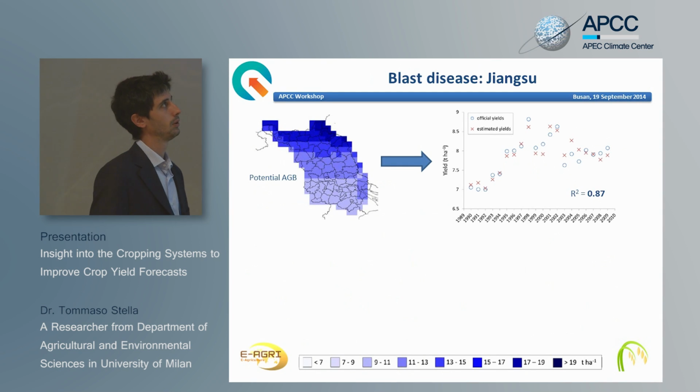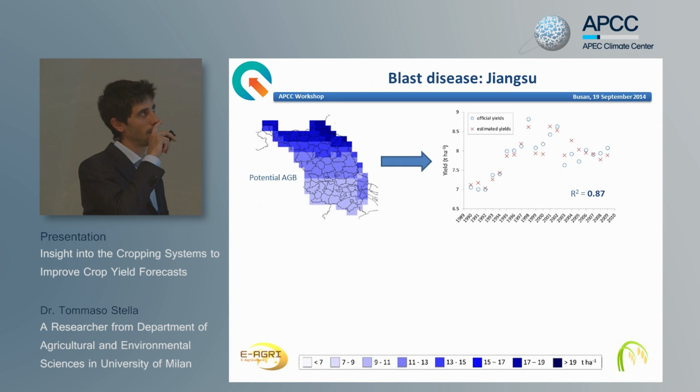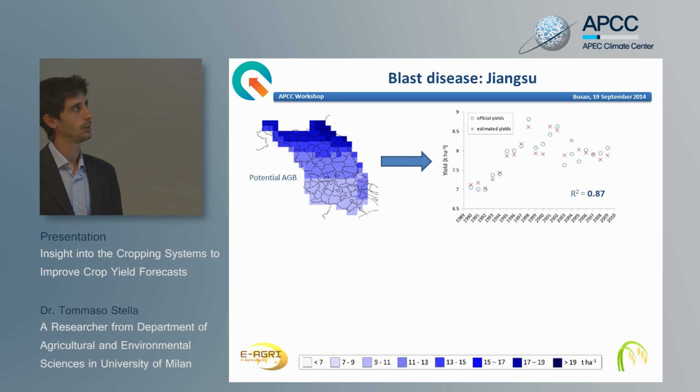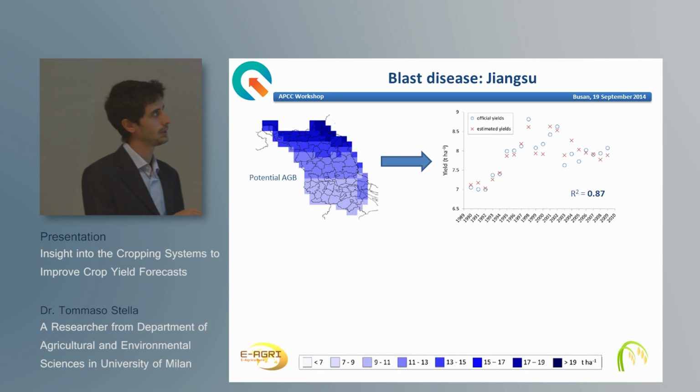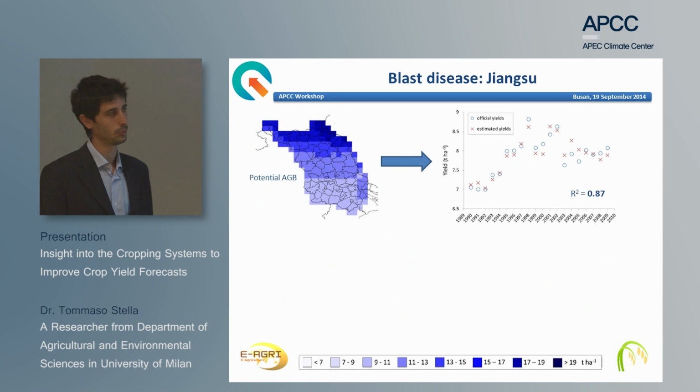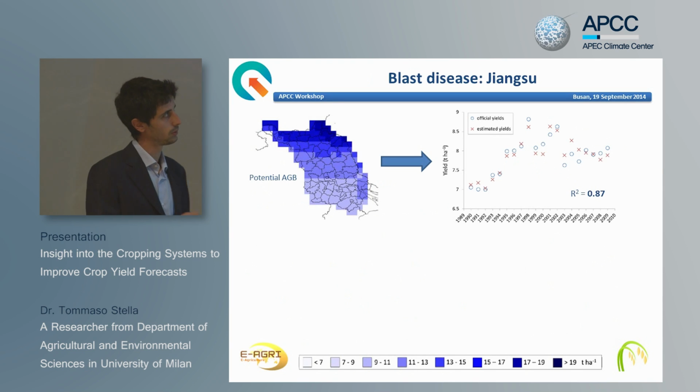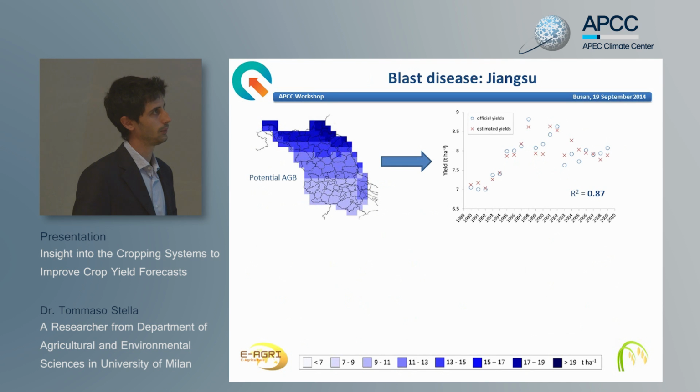Last example of blast disease. This time we are in China, the Jiangsu province, and we have the simulation of potential above-ground biomass. In this case, obviously, we simulate not only potential above-ground biomass, we simulate a number of variables. I just show you this one because it's quite important for yield forecasting.